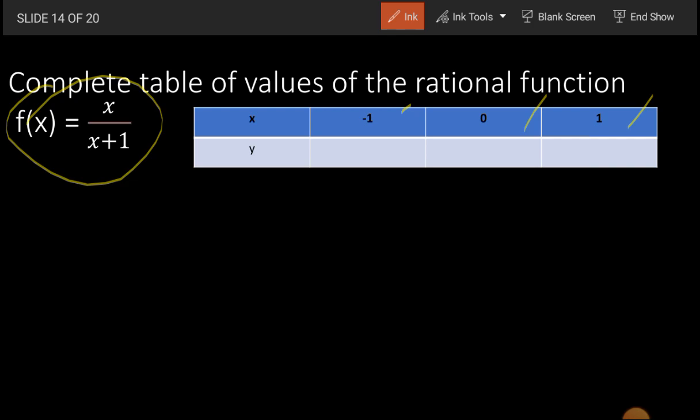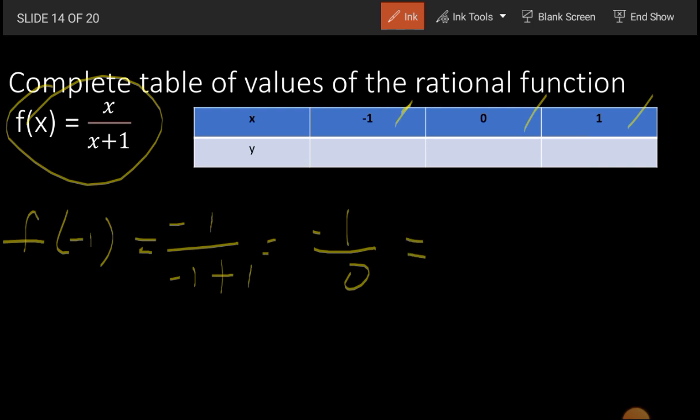First we have negative 1. So we have f of negative 1 equals negative 1 over negative 1 plus 1. But negative 1 plus 1 is 0. And since the denominator is 0, the whole function becomes undefined. So we have to put undefined here.